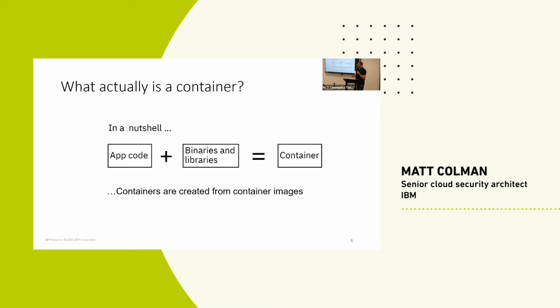Now, a container image is a read-only instance. Effectively, that is the packaging up of your application and its dependencies into a read-only entity, and then when we spin it up into a runtime, that is the container. At that point, there's a writable layer added to the container and so on. But that's where we get that. So you've got the images and you've got the containers.